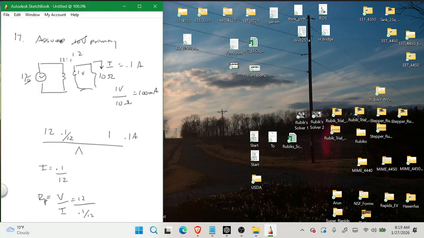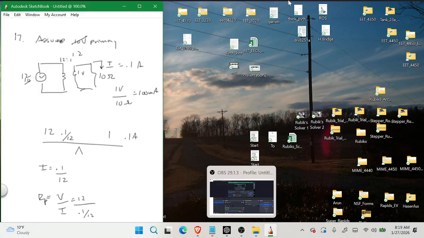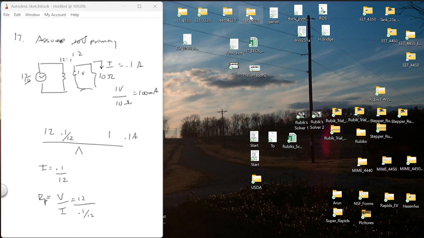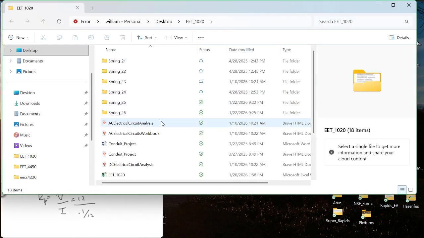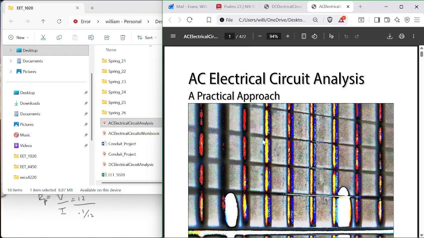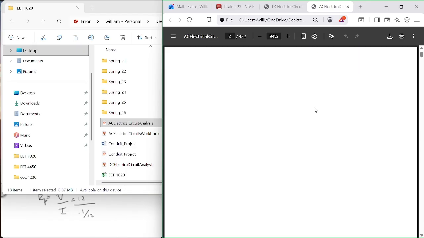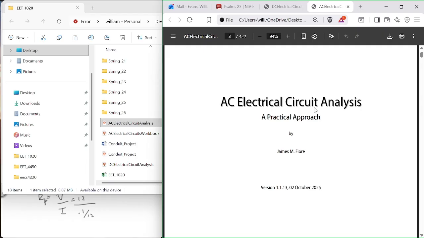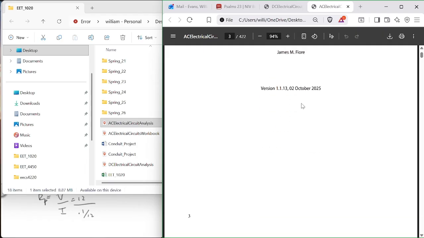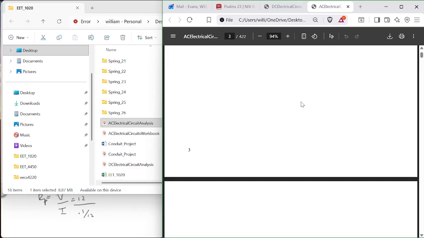Moving on to the AC book, they have a workbook with this, which I've never really looked at, but this guy is very thorough. A free book is a free book, but he does a good job. You can tell he's into music and guitars and amplifiers and all that kind of stuff, which I'm not.